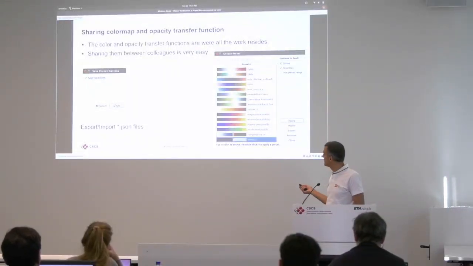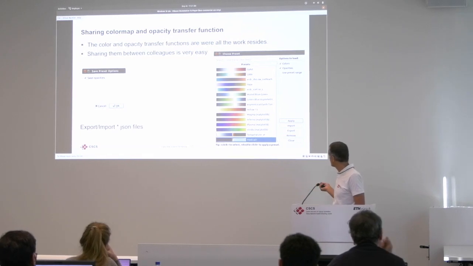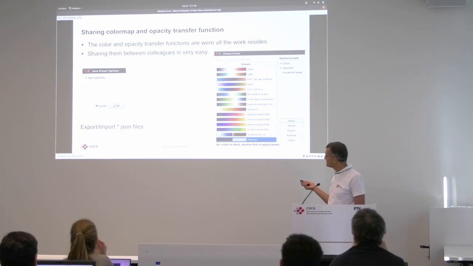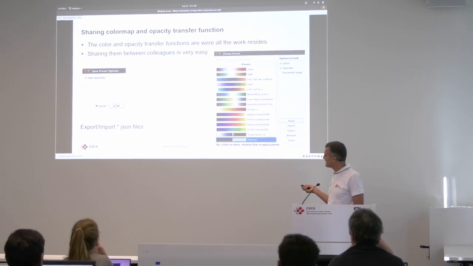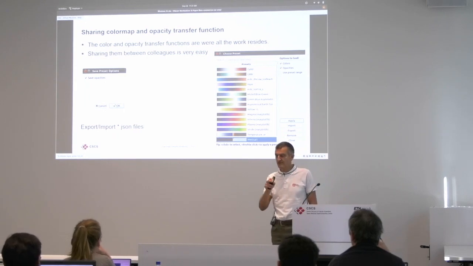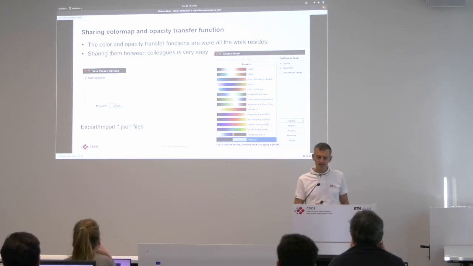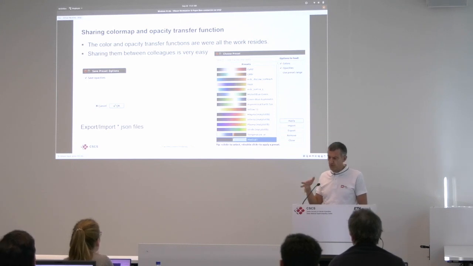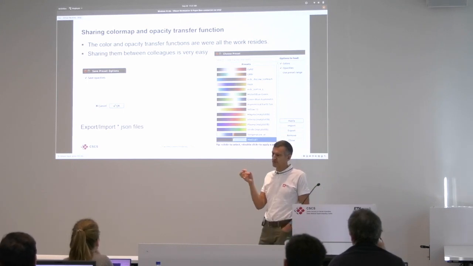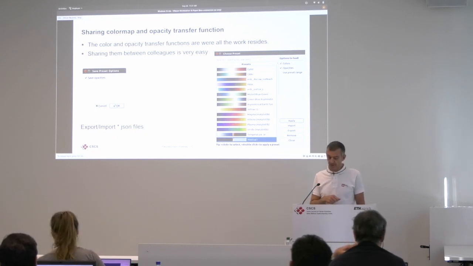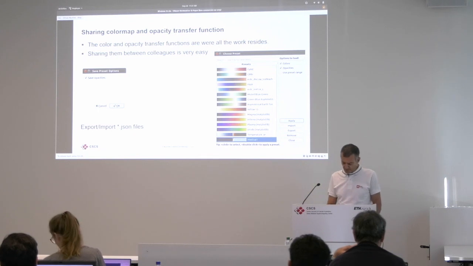We have a menu to save the color map over here, export the color map with the opacities, and we export that as a JSON file, which is very simple and very lightweight to send to somebody via email to do the same rendering on their remote site. So this is what I use, both to share the color map with somebody else, but also here to reload the color map which I want inside ParaView.